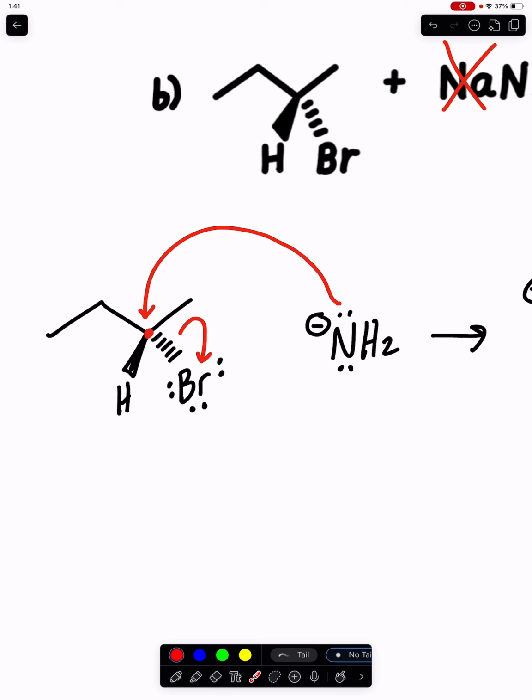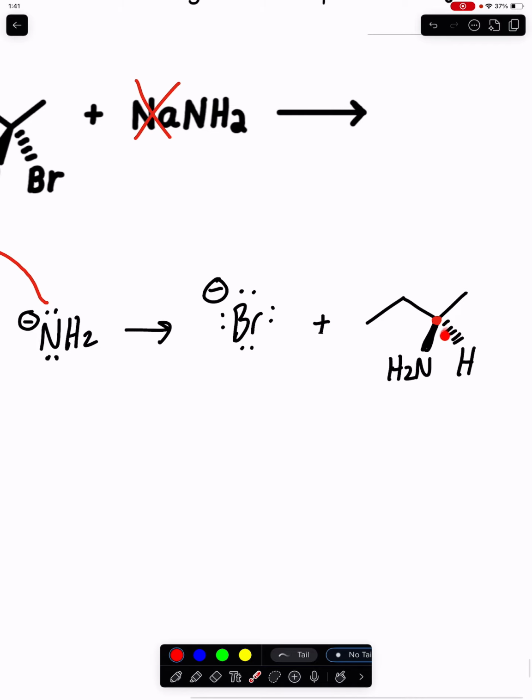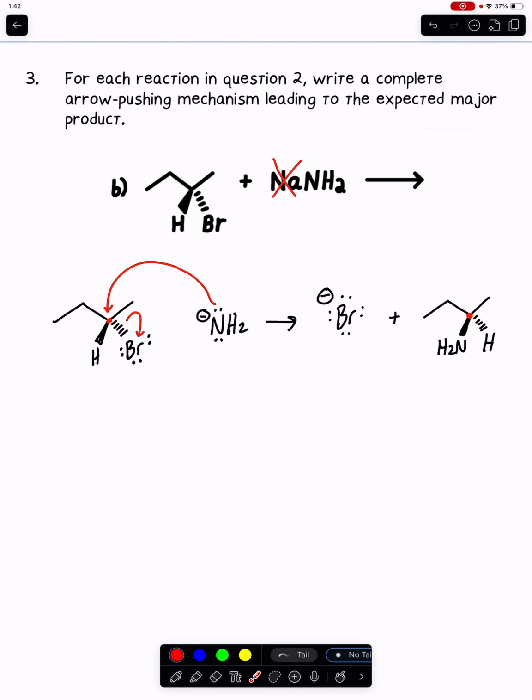So the nucleophile approaches from outside of the paper, which means that the electrons between hydrogen and carbon are going to repel into the paper. And that is why over here in the product, we have the hydrogen now on a dash, and the nitrogen came and added to that red carbon from outside of the paper.